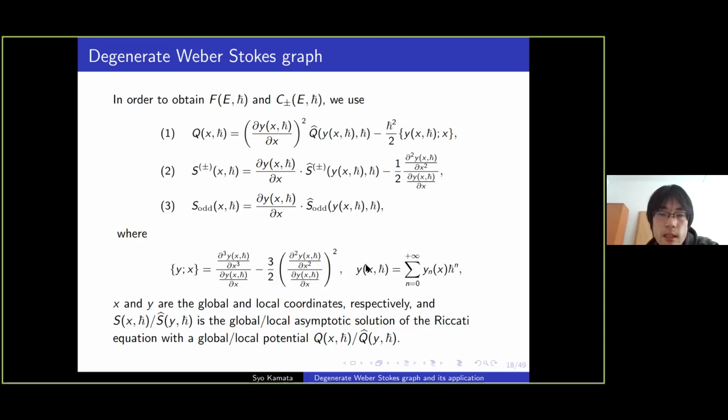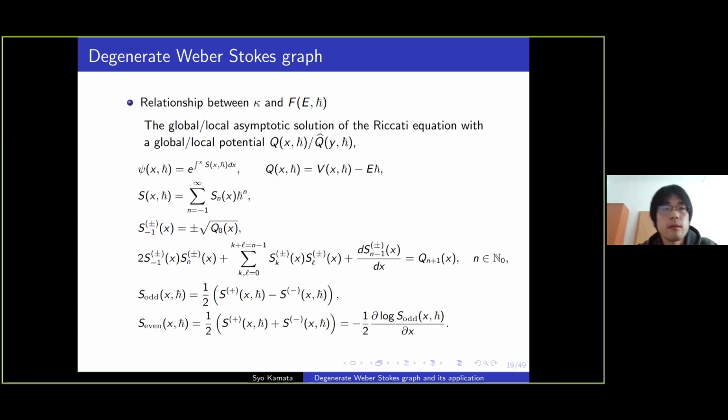Now we expand this y in this kind of form, where the coefficient of y is a function of x, and this is a Schwarzian derivative. Once you have the global potential, of course, by using the Riccati equation, this S and Q can be obtained. But from now on, basically, we would like to use only the first one and the third one.